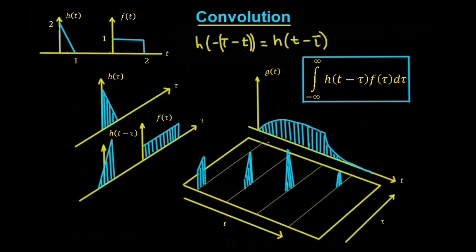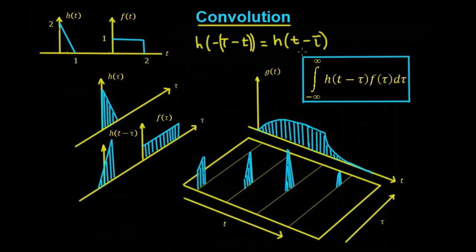Now I've only shown it in a kind of digital format here just for representation, but of course you're actually sliding it in a continuous manner, and we're going to generate this function here, which is going to be our output, our g of t. So I think this 3-dimensional approach shows you the connection between the variable t and the dummy variable tau.